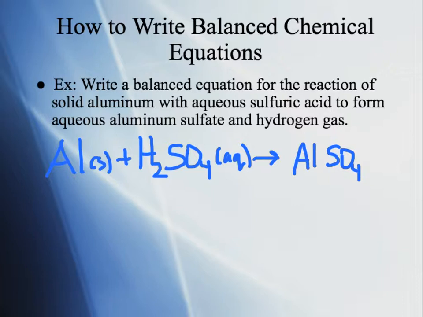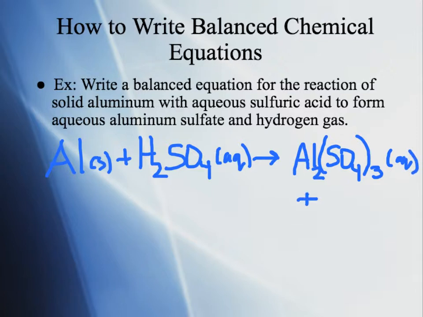So aluminum has a +3 charge, so that 3 is going to go on the outside down there by sulfate. We'll crisscross it. And sulfate has a -2 charge, so that 2 is going to come down by aluminum. So it's Al2(SO4)3, and that was aqueous.